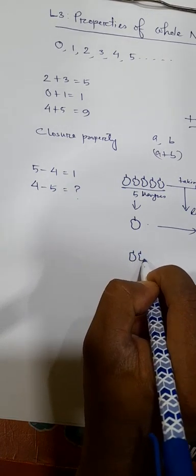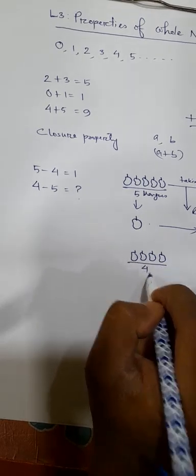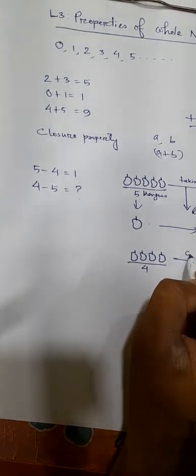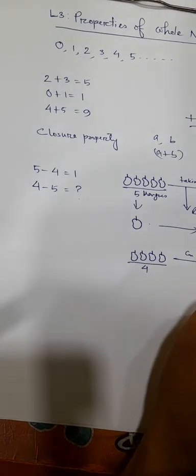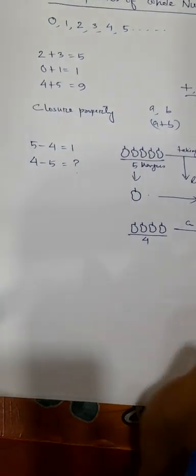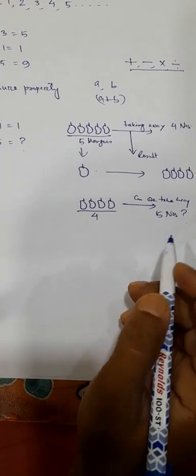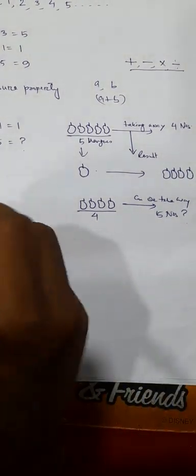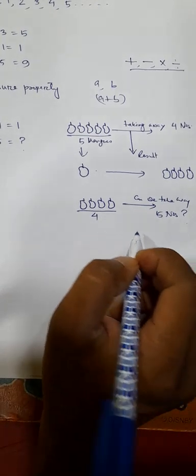Suppose there are 4 mangoes. Can we take away 5? It's impossible, right? So 4 minus 5, you will not get a whole number.